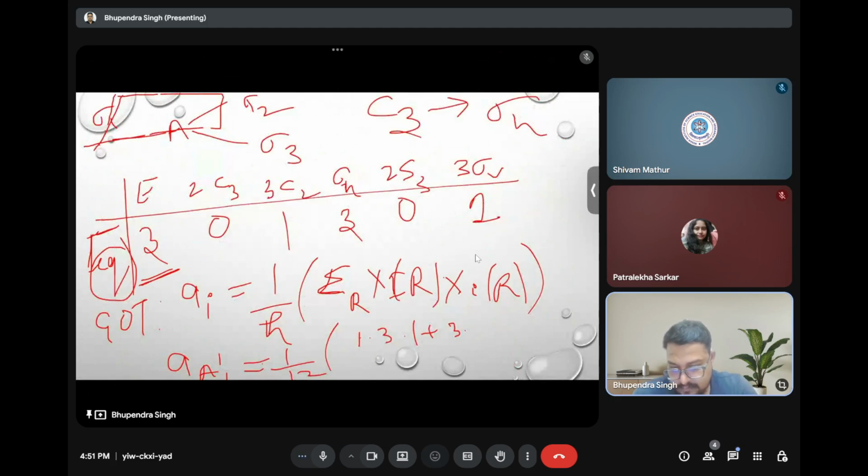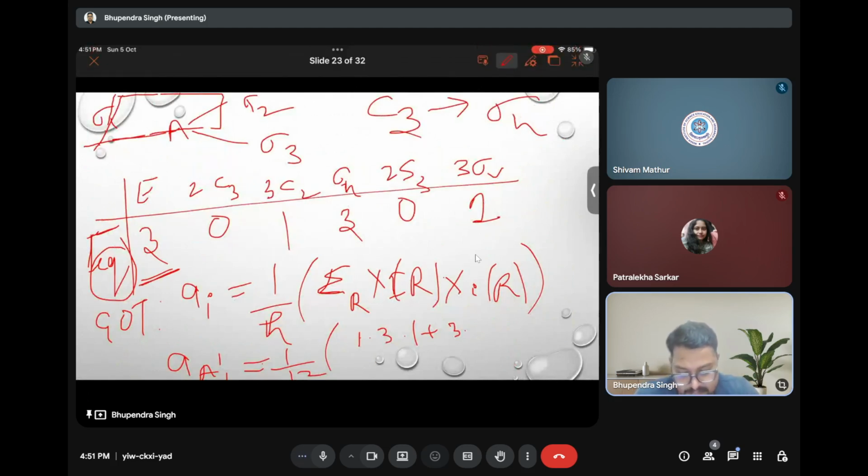So you have to multiply 3 1 1 plus 1 3 1 plus 3 1 1, like that. If you solve, you will get 12 by 12 equal to 1.